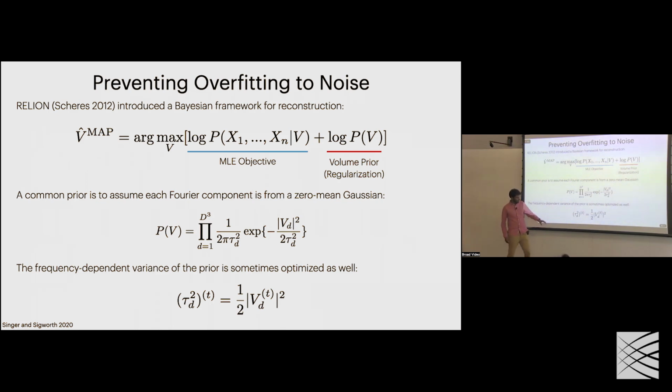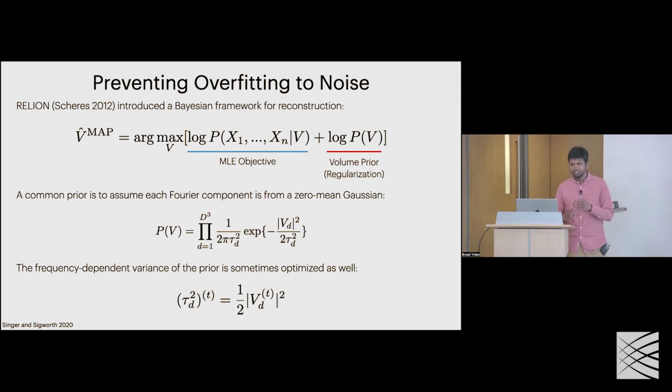The idea is that we can estimate reasonable frequency dependent variances depending on our known knowledge of the power spectrum of cryo-EM images. So this essentially provides a form of regularization where, especially early in training, when the information content at those high frequencies is quite low, this regularization prevents overfitting to those high frequencies and dampens those components early on in the process.